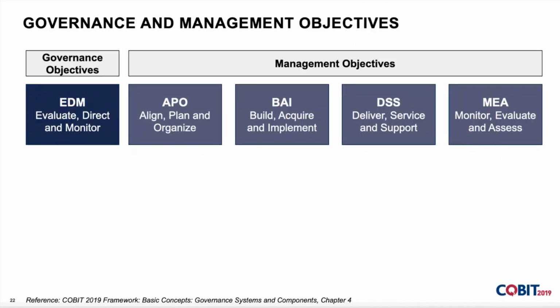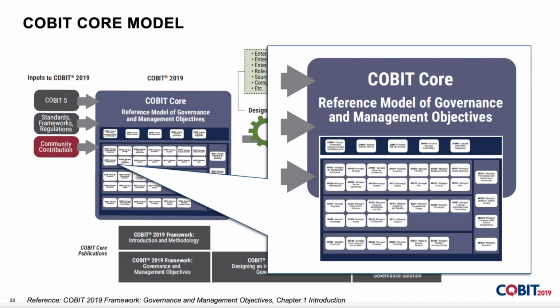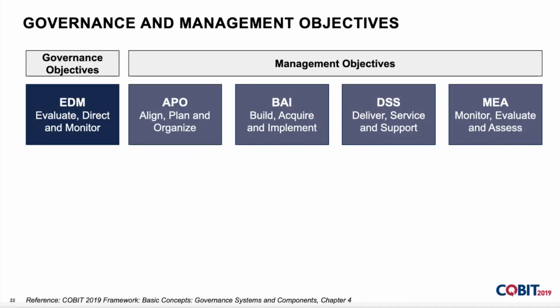Good. A bit of a recap then around the different governance and management objectives. So remember that this was called the COBIT core based on the model that we see right here. So I'm going to go back one quick slide and show you that there is one specific governance domain. And remember that we call that EDM, which stands for evaluate, direct, and monitor.